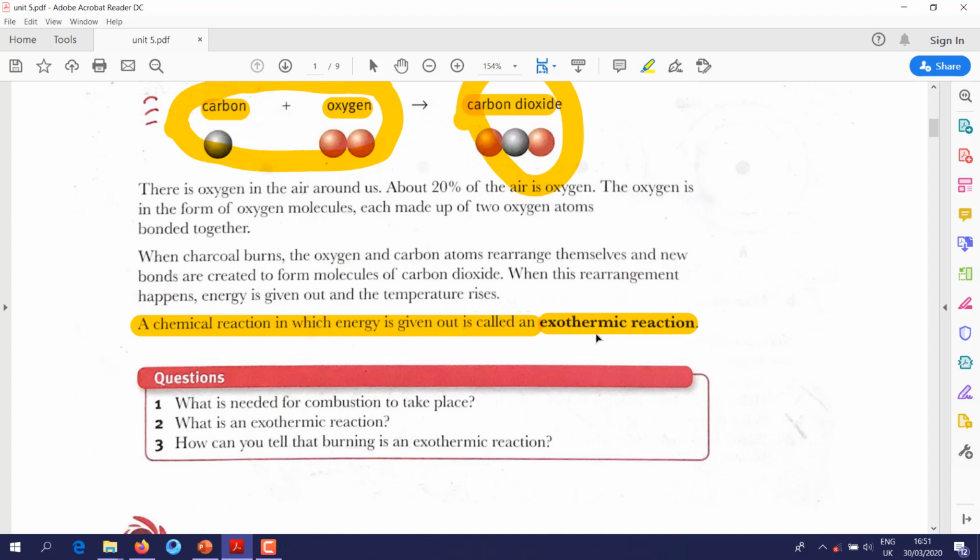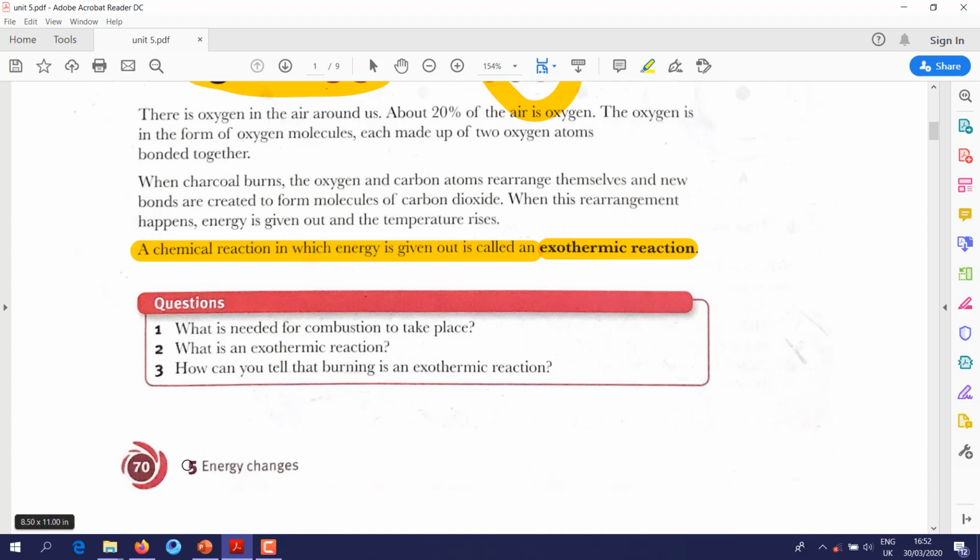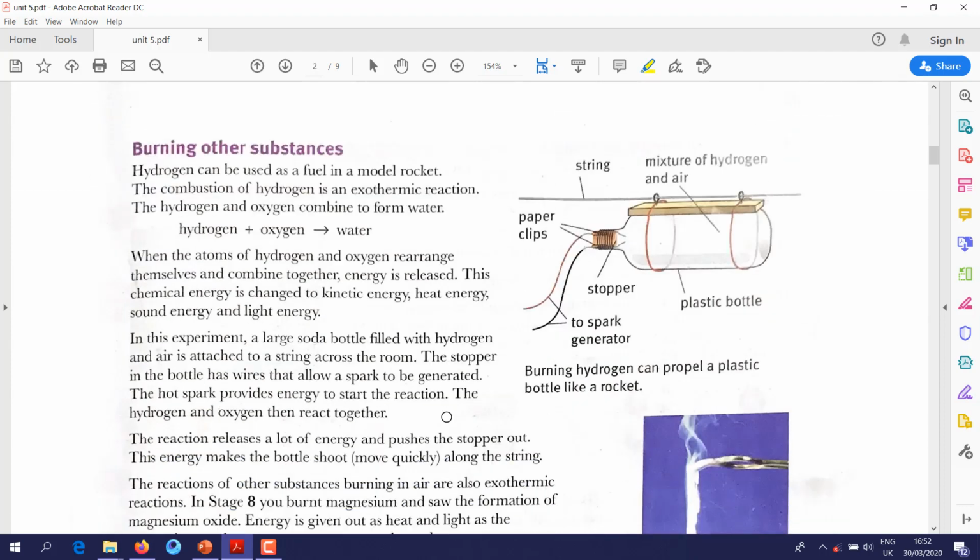Thermic means thermal or heat, and reaction. In other words, we can say a reaction that gives heat out. How can you tell that burning is an exothermic reaction? Simply because when you burn any substance, heat energy will be given out. So this is an example of exothermic reactions.